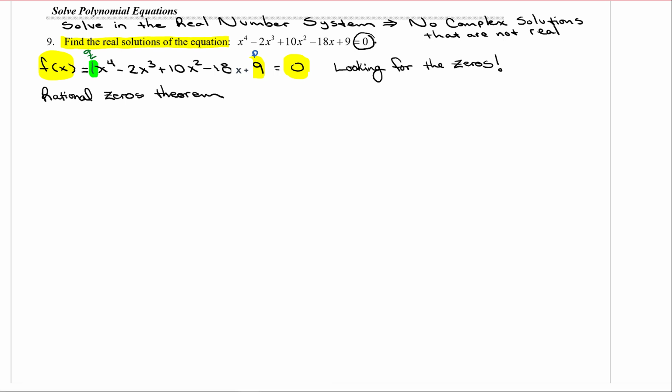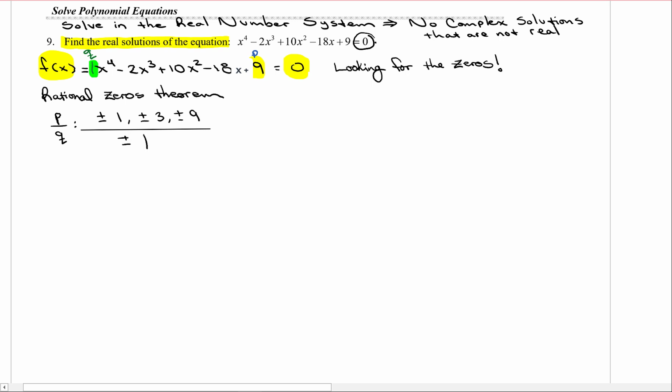And for a sub 0, p is going to represent all the factors of 9. So all the factors of 9 are plus or minus 1, plus or minus 3, plus or minus 9, and we're done.